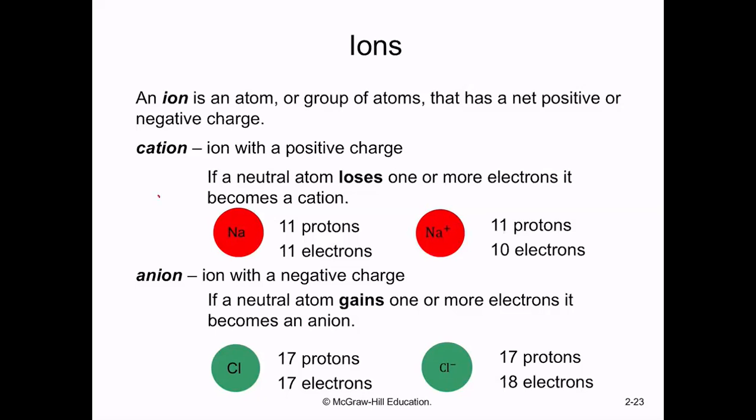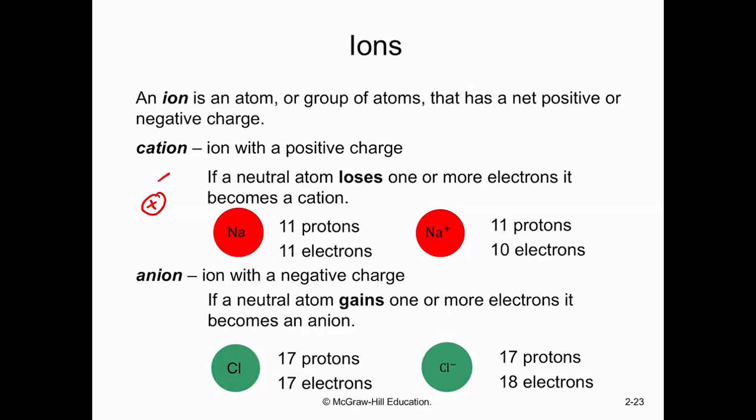Look at an atom. Right? There are positive protons in the nucleus, and there are negative electrons outside in the extranuclear space. A neutral atom has an equal number of electrons that are negatively charged and protons that are positively charged. So when an atom loses a negative electron, it now has more positive protons than electrons, and therefore it will end up with a positive charge.